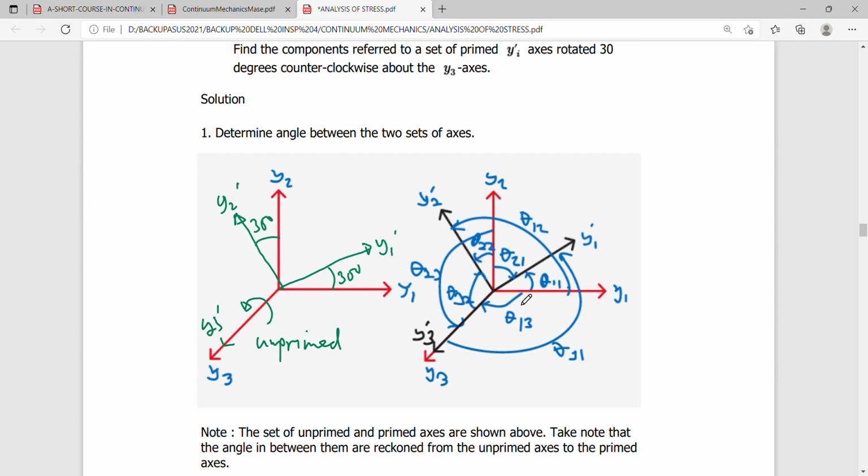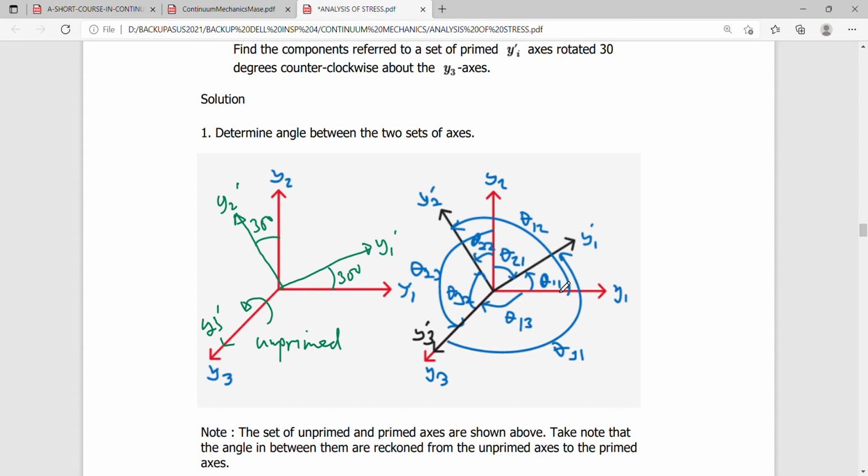That is the reason why they choose the cosine direction rather than having a mixture of, say, cosine and sine, so as not to give us any confusion on how to set your angle reckoned from the base axis y1 to the new axes y1 prime, y2 prime, and y3 prime.